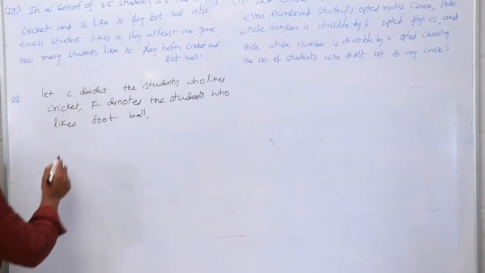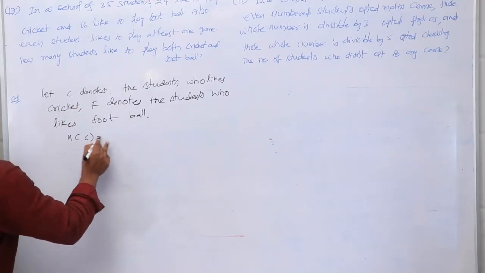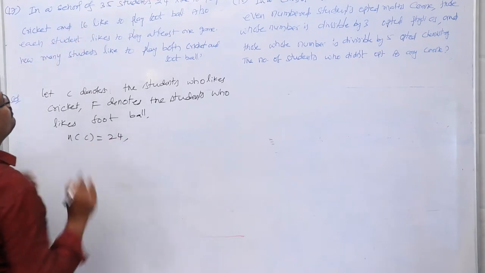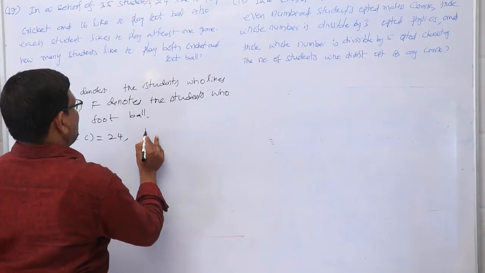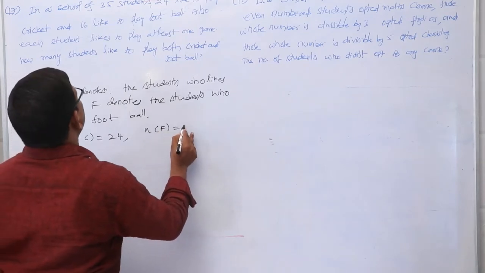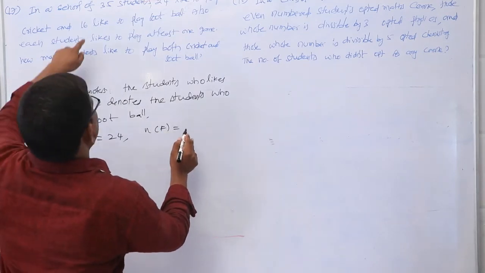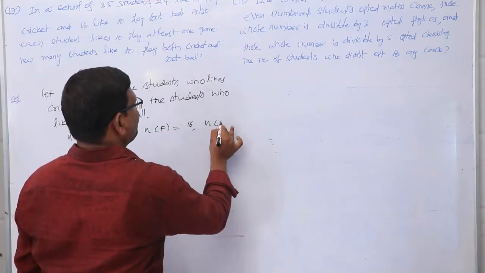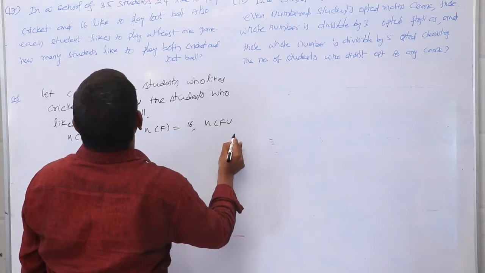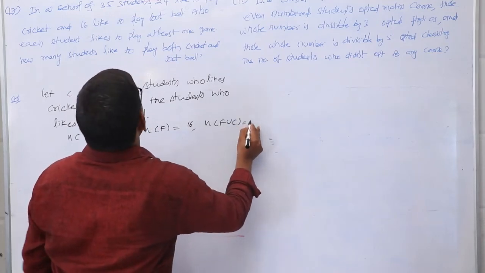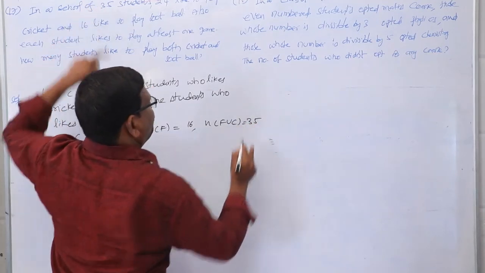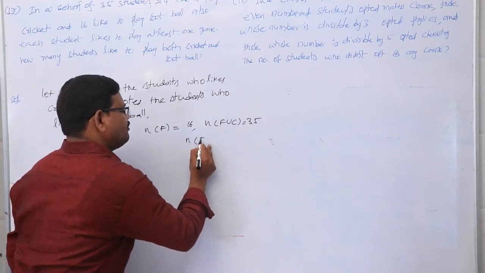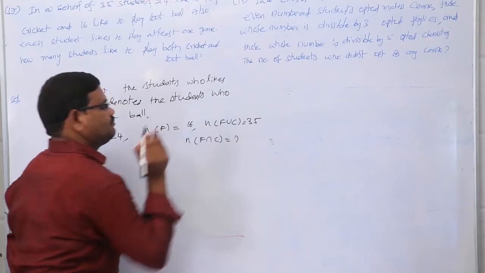Then number of C equal to 24 given and number of F equal to 16 and number of F union C equal to 35, and we want to find number of F intersection C.